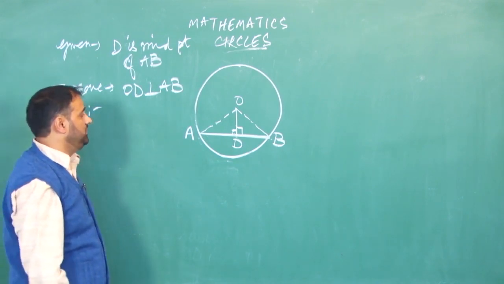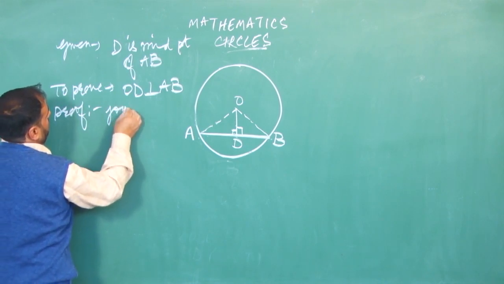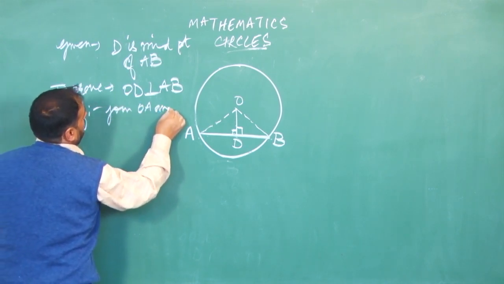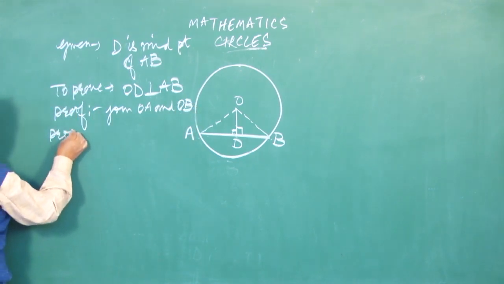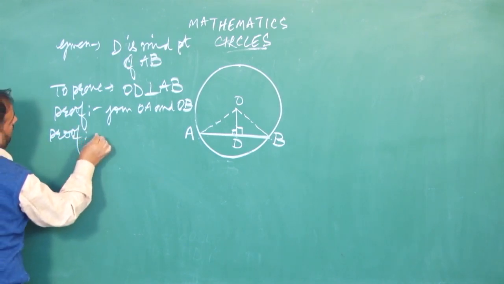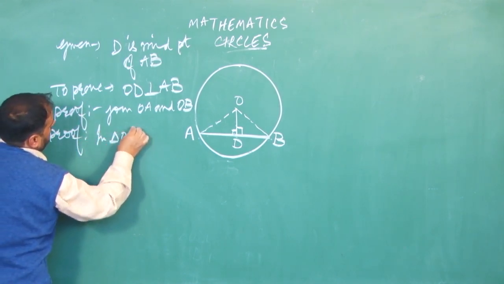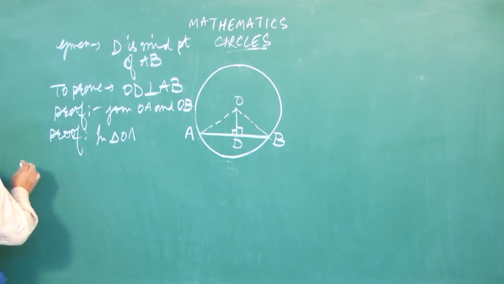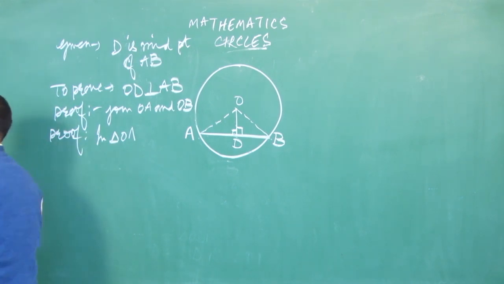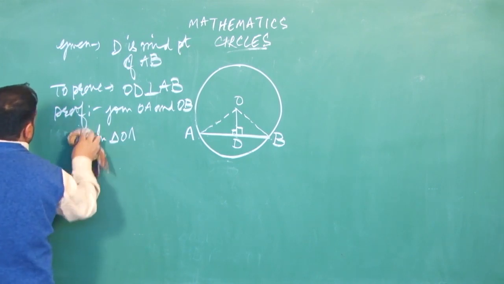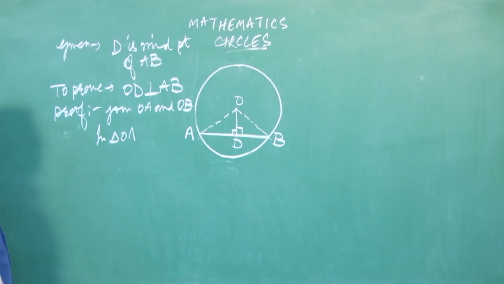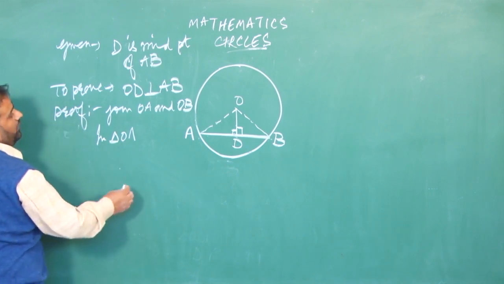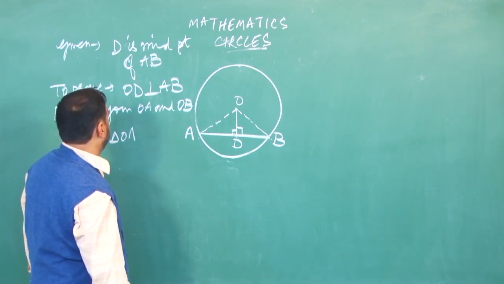Now, in proving that statement, we join OA and OB, and thus two triangles are formed.